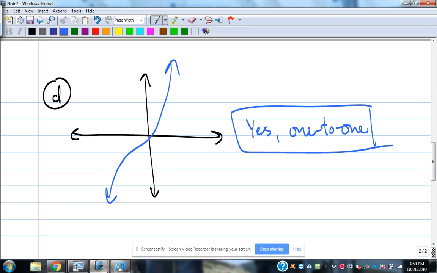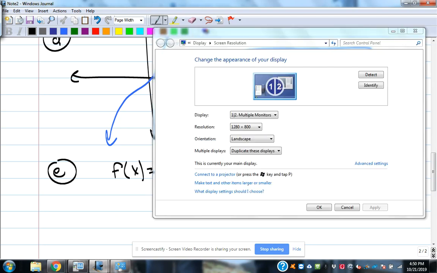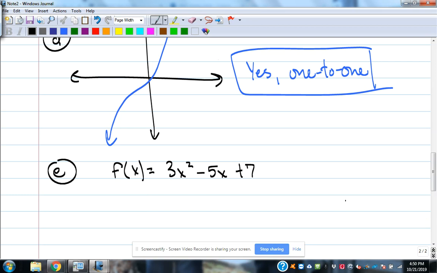Good to know. Now, what if they just give us an equation? Example E, sorry, don't know my alphabet today. 3x squared minus 5x plus 7. How can I decide if that's a one-to-one function?